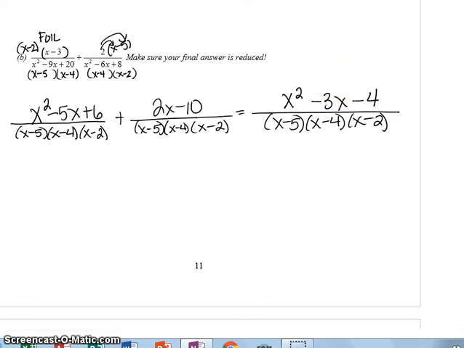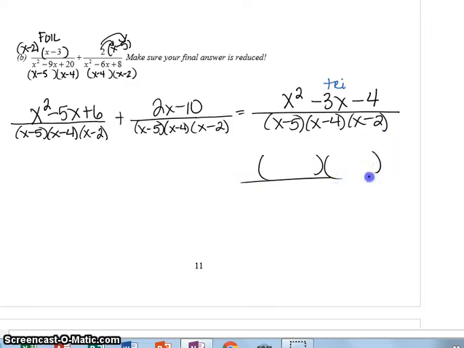But this right here on the numerator is a trinomial that we can factor. So that numerator factors to x minus 4 all times x plus 1, because that multiplies to negative 4 but adds to negative 3. And then don't forget it's over that ugly denominator.